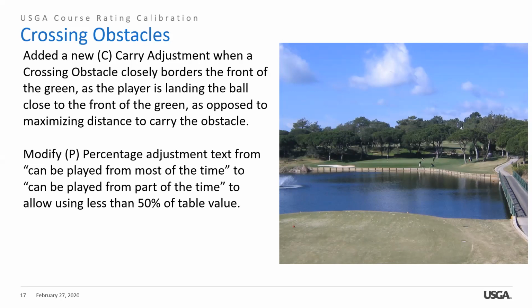And then they've also modified the percentage adjustment. This change here is really just semantics. It doesn't have a huge impact, but the way the book read before, it said that it can be played from most of the time. It was changed to part of the time to allow for using less than 50% of the table value, because technically if it's most of the time, it needs to be more than 50%, but now part allows some more flexibility.